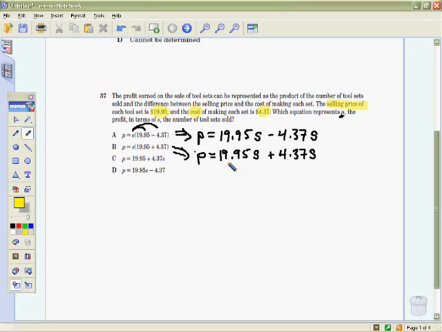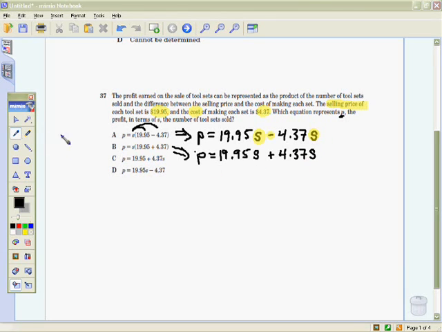So in terms of S being the number of tool sets sold, the first choice tells me that I am multiplying $19.95 times each tool set sold, S, and then I'm going to subtract $4.37, the cost for making each set.